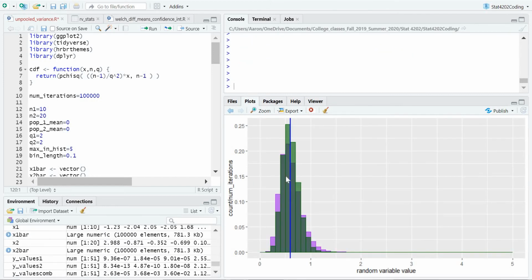Okay, it looks like they're basically comparable. The purple is the Welch style random variable which estimates the standard error, and the green is the pooled variance style estimate of the standard error. But they both look like they work right now.